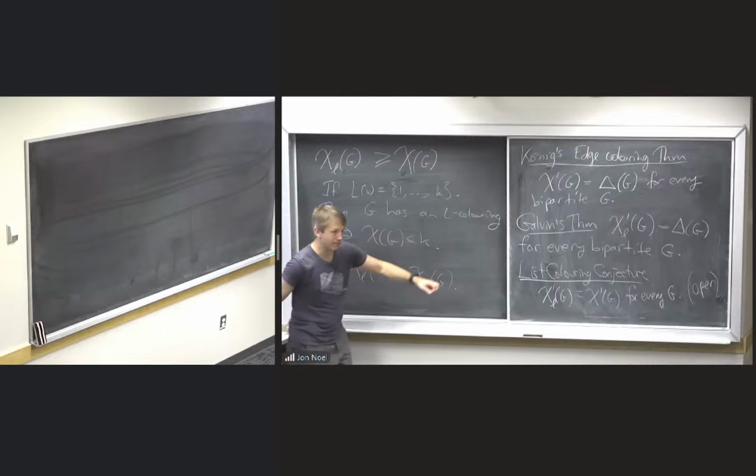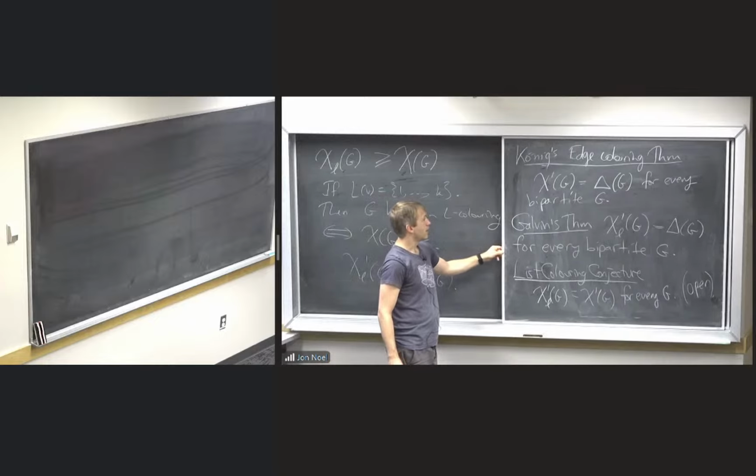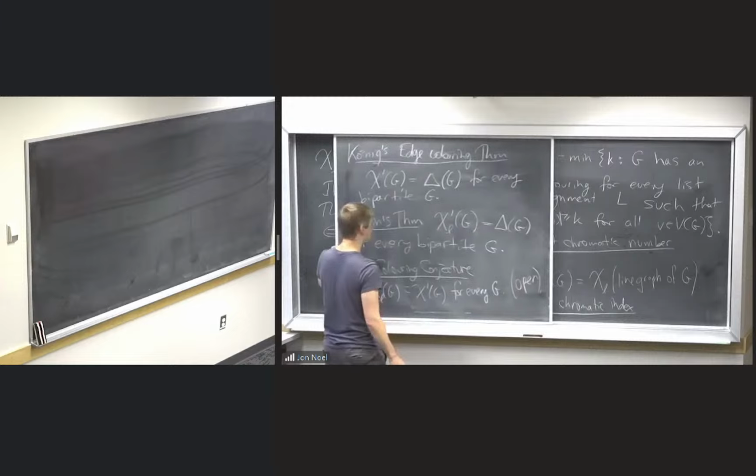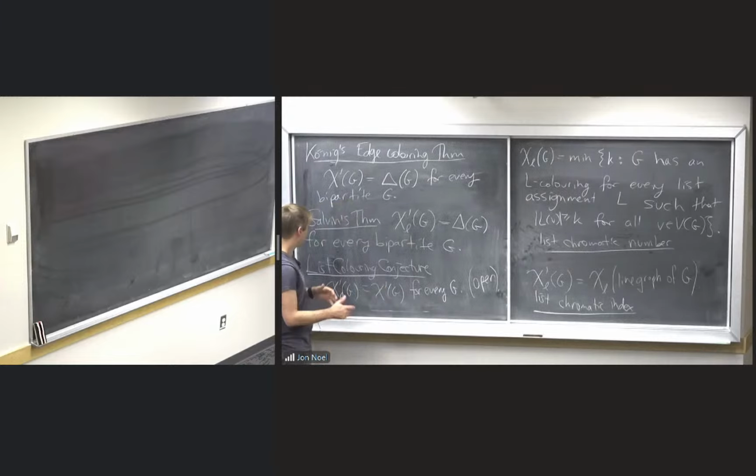Okay, so what we're going to prove is Galvin's theorem. Sometimes I'm going to go back and forth. We're trying to color the edges of the graph G, where G is a bipartite graph, which is the same as coloring the vertices of the line graph.